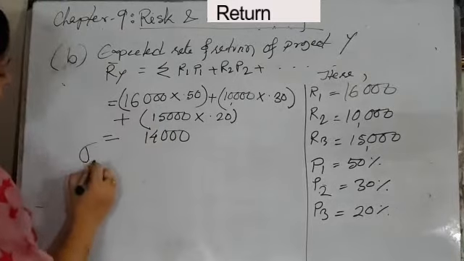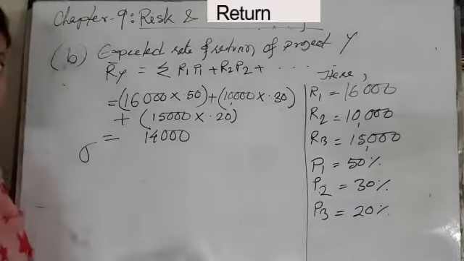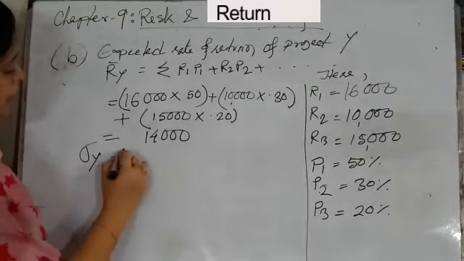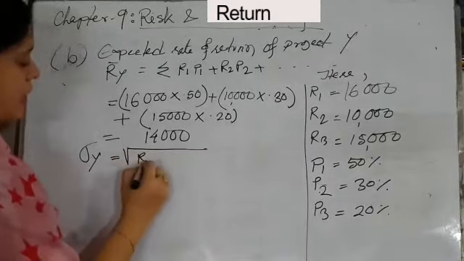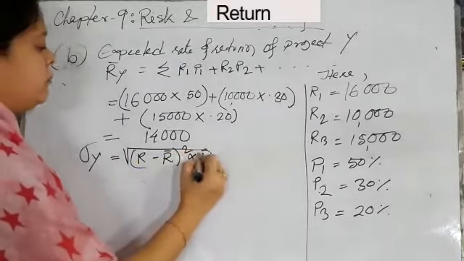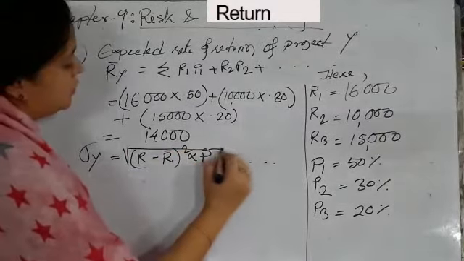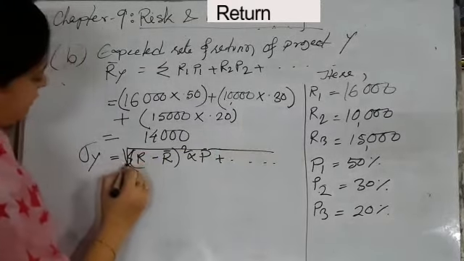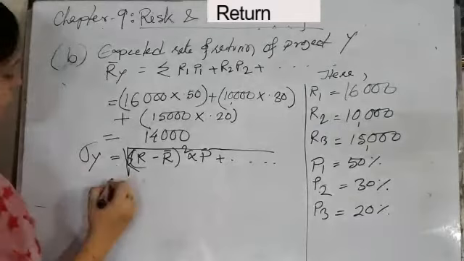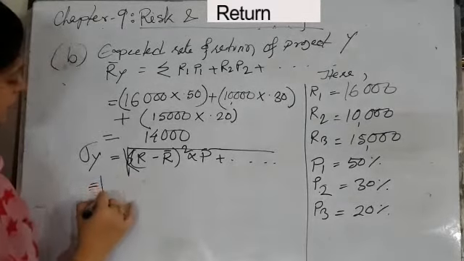Now I am writing standard deviation, it means sigma of project Y, like that, and the formula is root over R minus R bar whole square multiply P plus dot dot dot summation. We can write here summation also. This is the formula of standard deviation, and I am putting all these values.